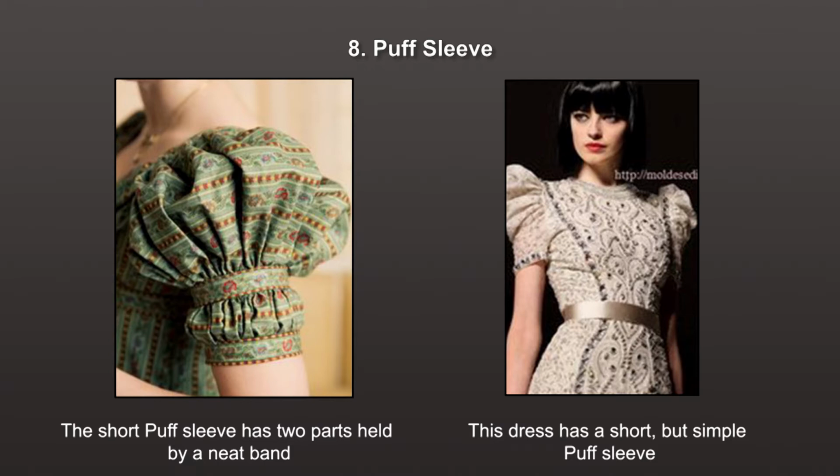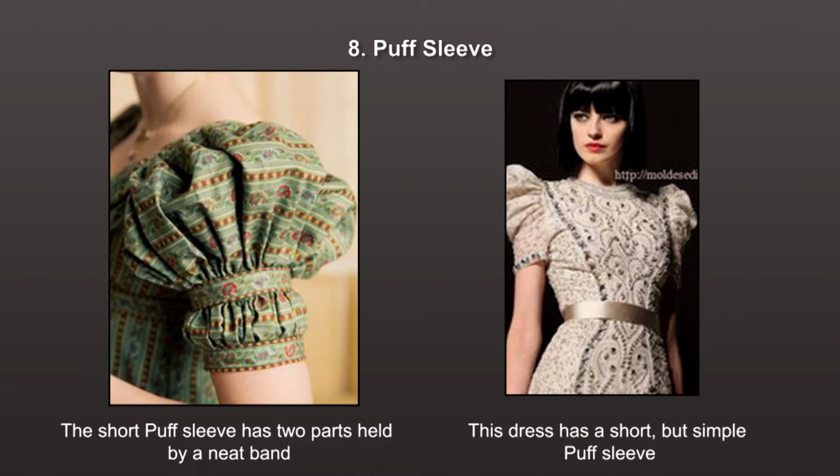Let us discuss more examples of puff sleeves. The first picture has short puff sleeves in two parts, held by a neat band at each level. The puff sleeve is achieved by gathering fabric.